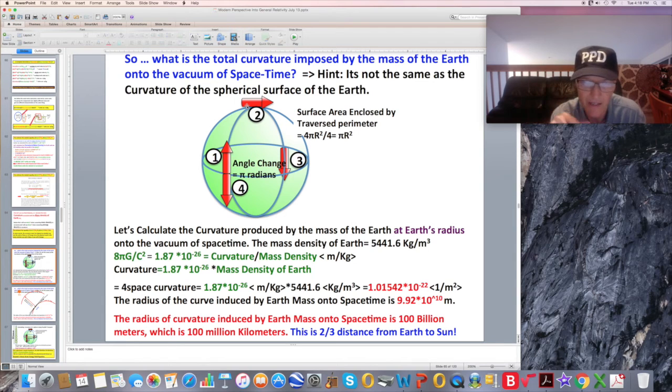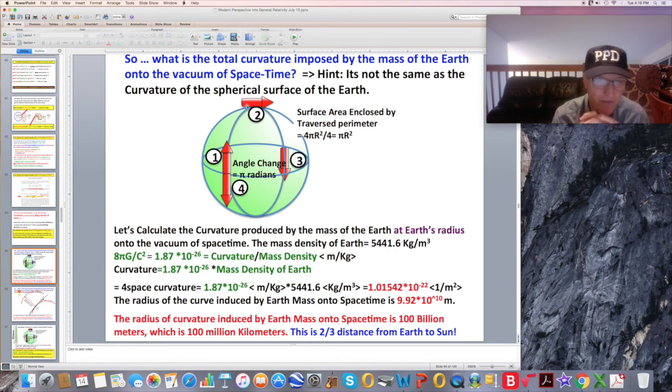And that's times 5,441.6 kilograms per meter cubed, and we get 1.01542 times 10 to the minus 22, 1 over meter squared. So this is the curvature, this last number, 1.01542 times 10 to the minus 22. Again, you're expecting something big and you get this small curvature.